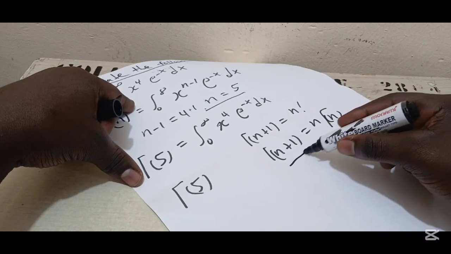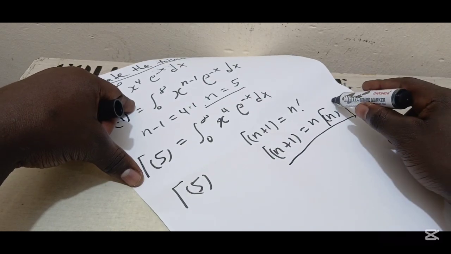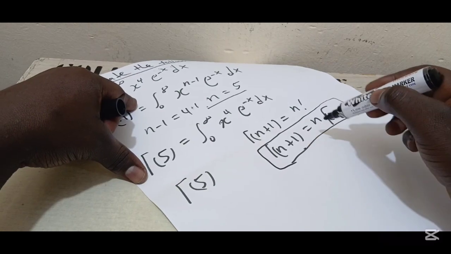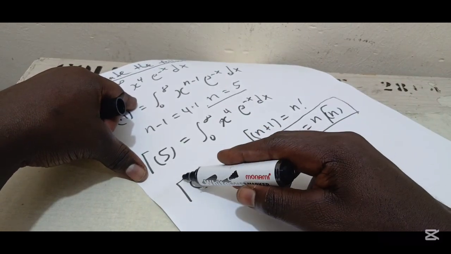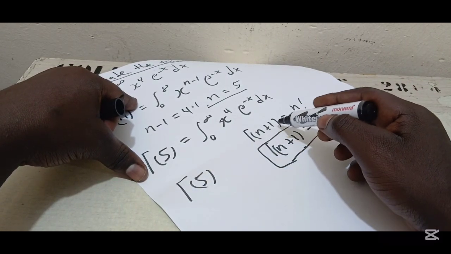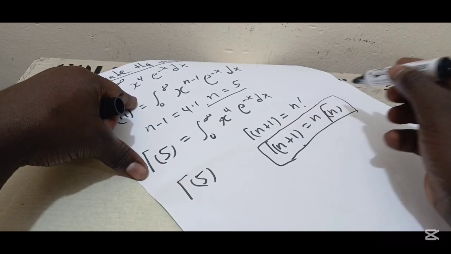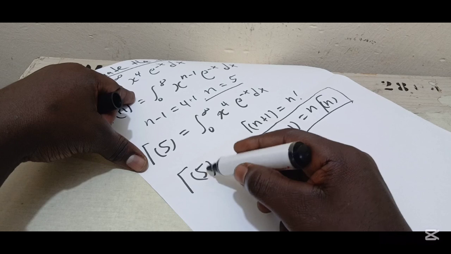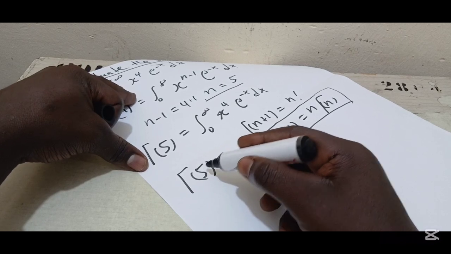This second formula is used to solve fractions. But in case that we have a single number like this, we just use gamma n plus 1 equals n factorial. So we have to find a way of expressing this as something plus 1.